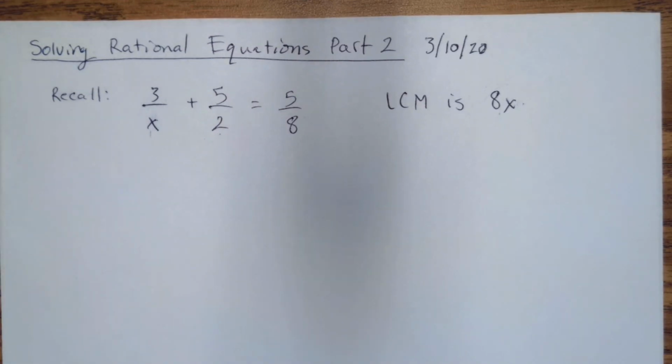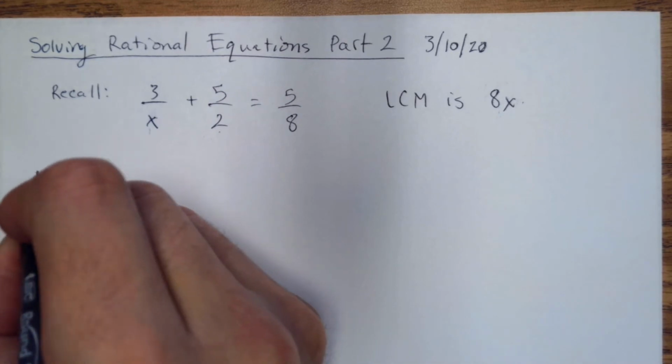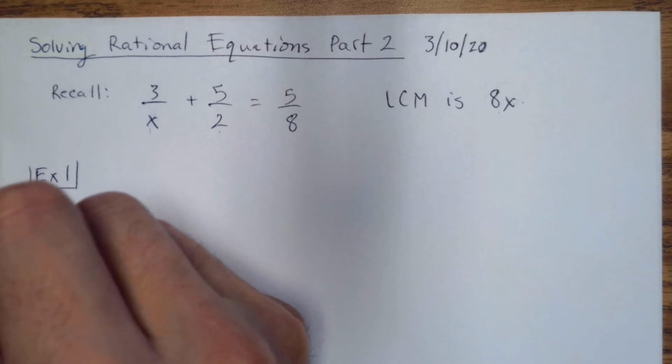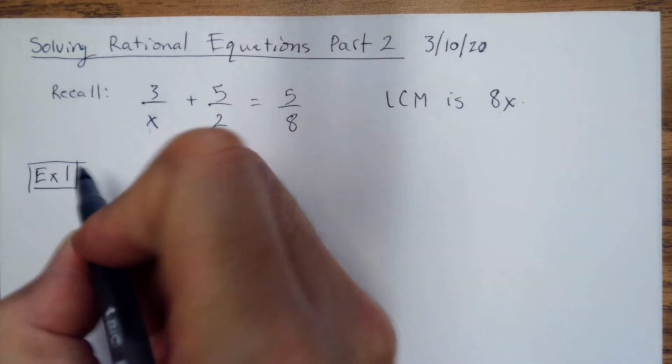So the first example that I want to look at is maybe the most complicated, but it shouldn't be that crazy.